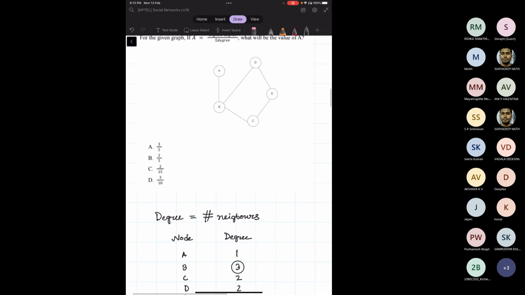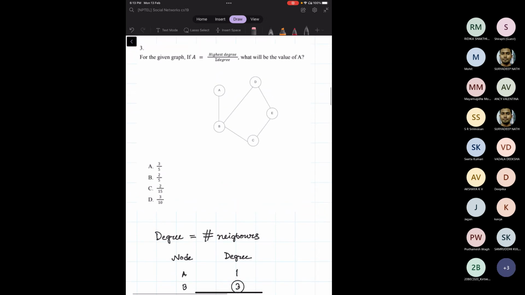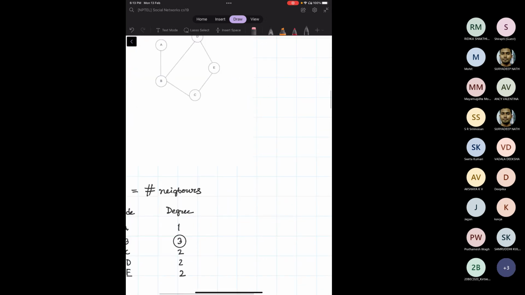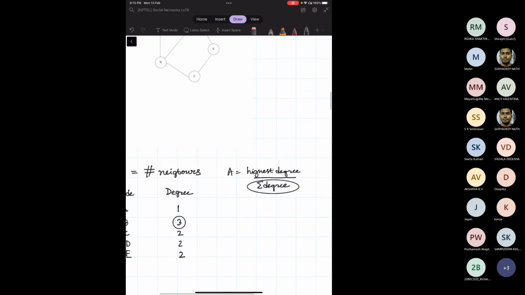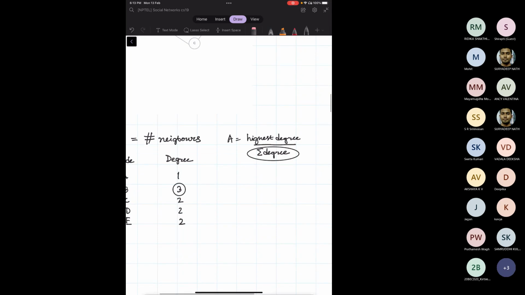So now we have to find A equal to highest degree by sum of degree. Now this quantity, sum of degree, how do we find this? We can mechanically add all the degrees, but there's a simple formulation.